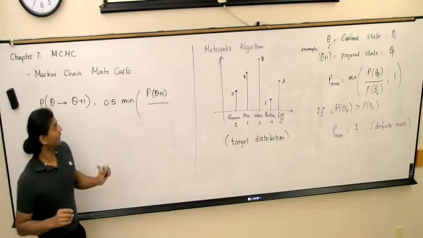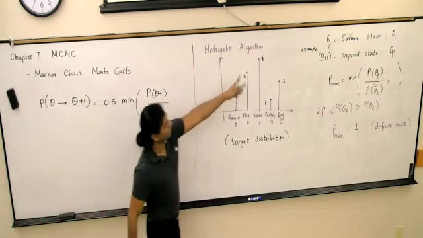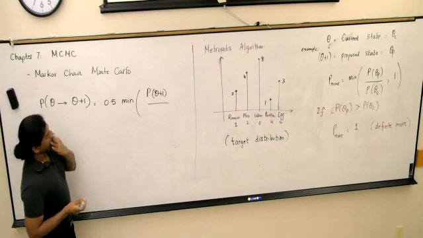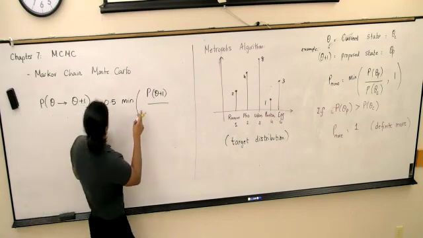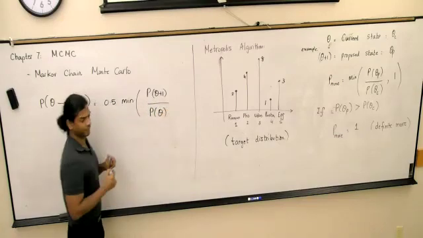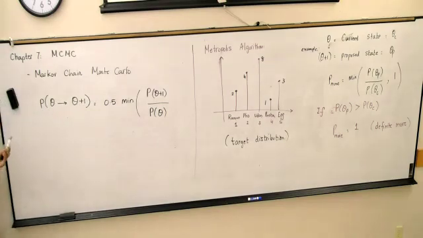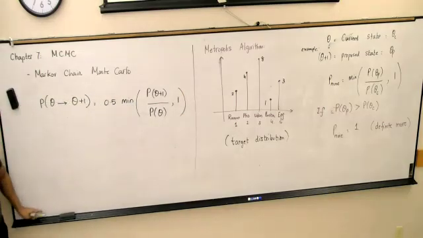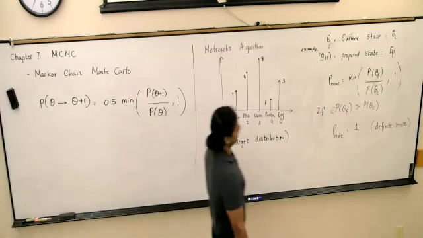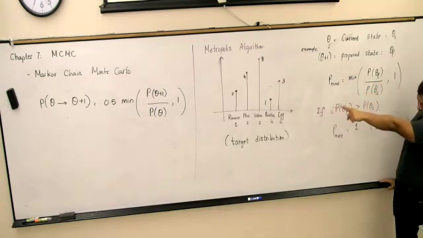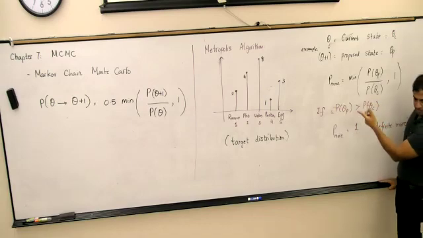It doesn't matter what we have here, it always normalizes and brings things back to shape. So the probability of θp divided by the probability of θ, comma 1. You're proposing θp, which is θ plus 1, and the current value is θ.